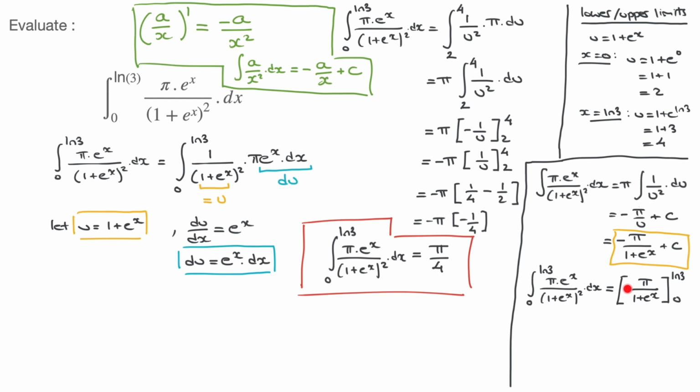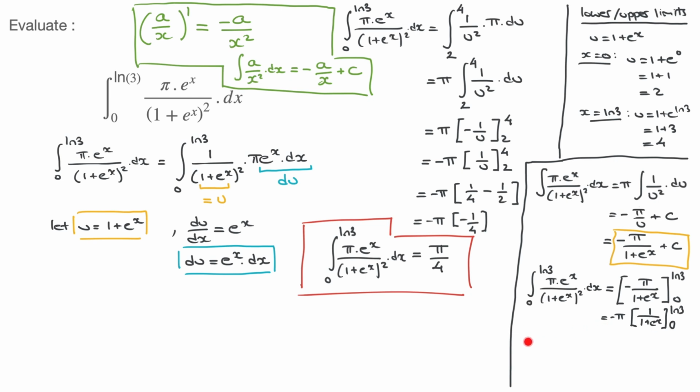And taking the factor negative pi outside of this pair of square brackets, this turns into negative pi times, in square brackets, 1 over 1 plus e of x, evaluated at ln of 3, minus its value at 0.